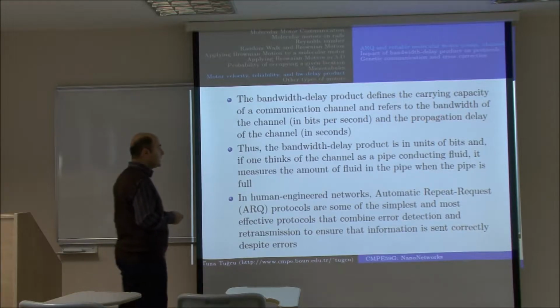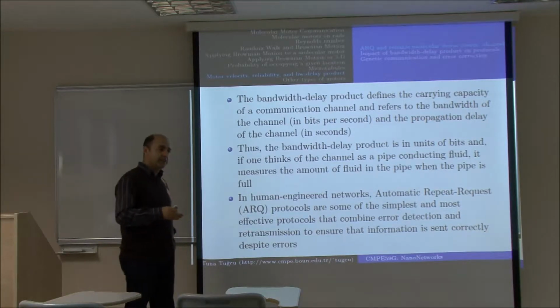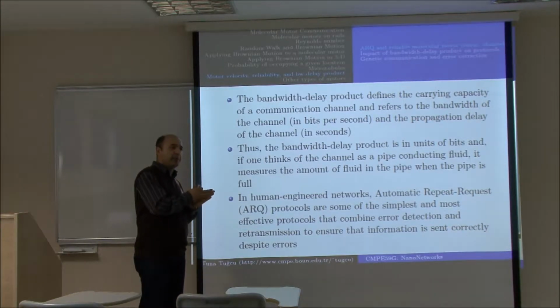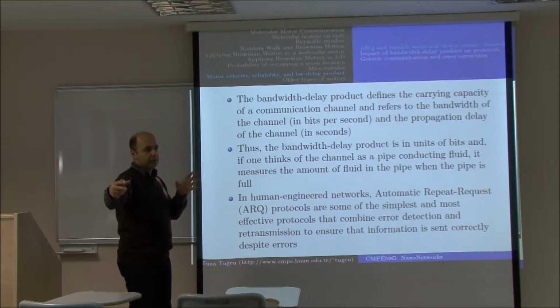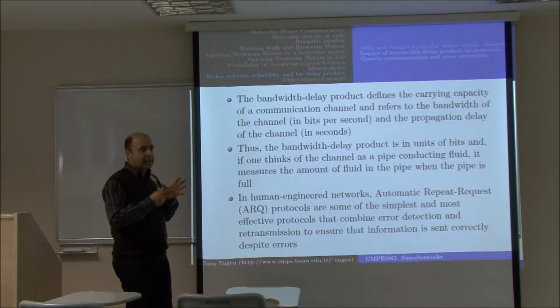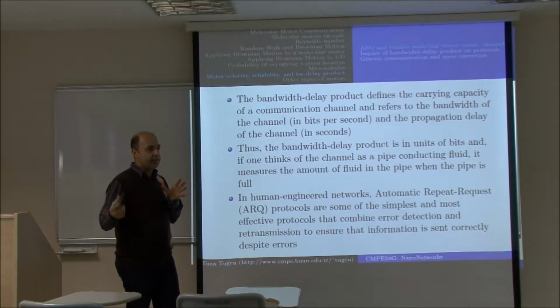Whereas the propagation delay is the time it takes to go from one end of that pipe to the other end. So if you multiply the bandwidth, the width of the channel, with the length of the channel, then you will get the volume. That would be the amount of water you will have in that pipe at any given time.